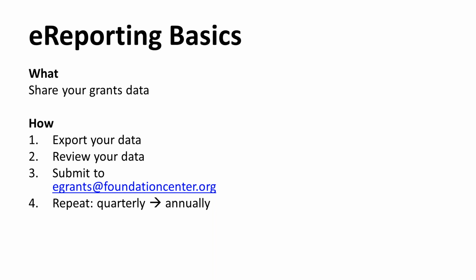In terms of the how, I won't say too much about this because again, Andy's going to be doing a demo at the end, but basically you just need to export your grants data for the period in question, review it to make sure you're happy with how it's looking and how you'd like it to appear, and then you submit it to egrants@foundationcenter.org, which by the way is also where you can reach us and contact us at any time with questions.